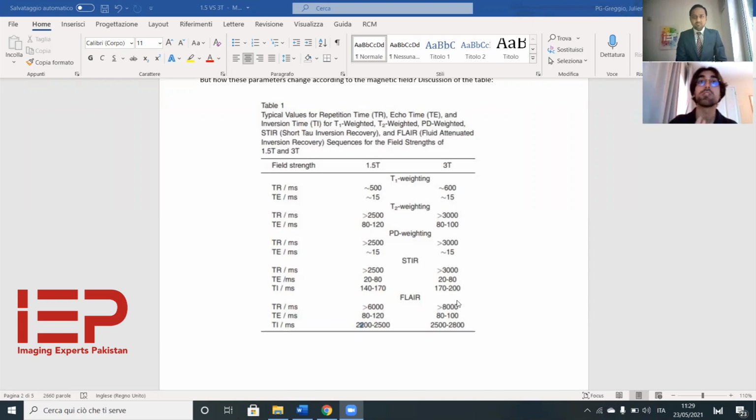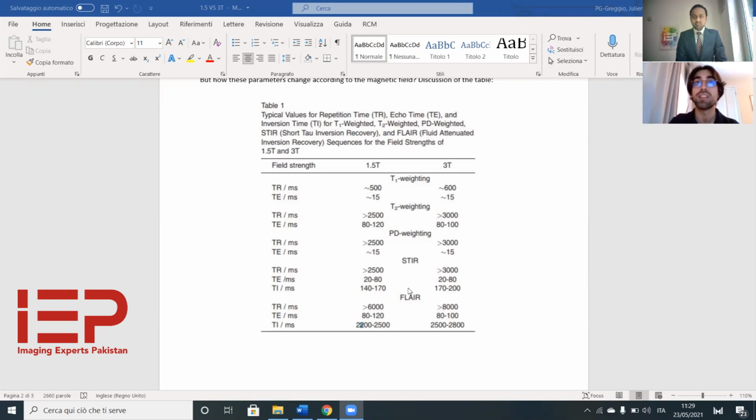But in my opinion, and based on my personal experience, the parameter that is very important to consider, especially when we change from one scanner to another, is the time of inversion. As we see, it's not a big difference, but it must be appropriately selected.